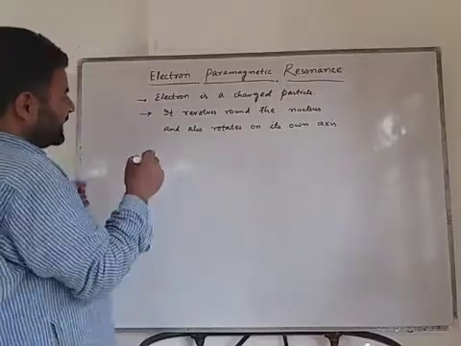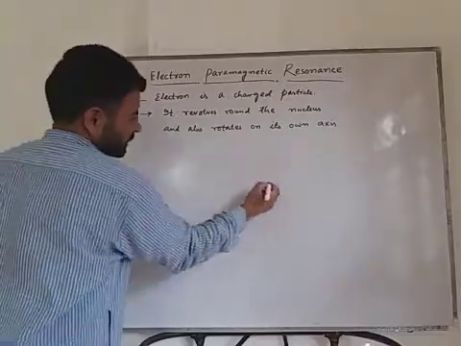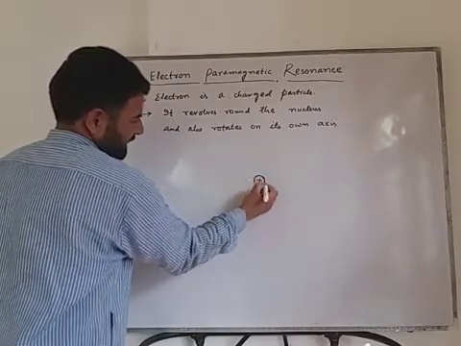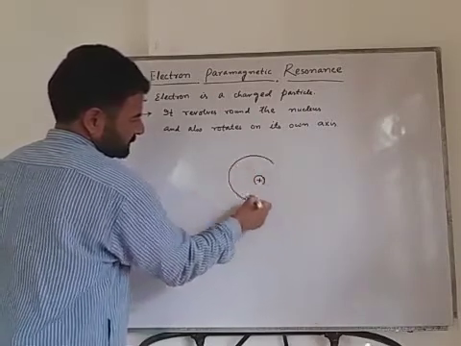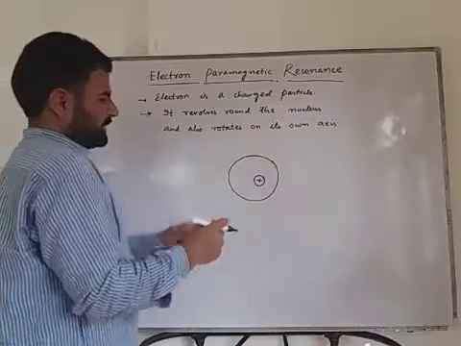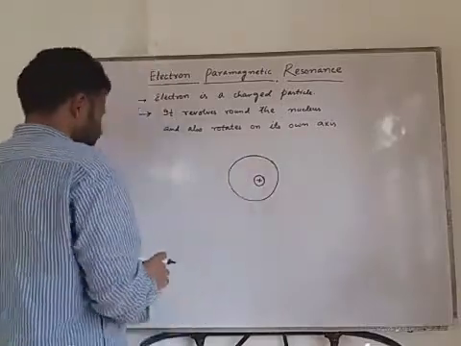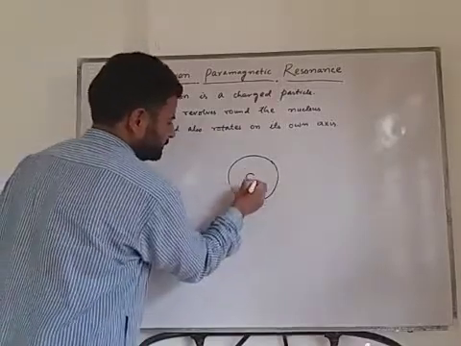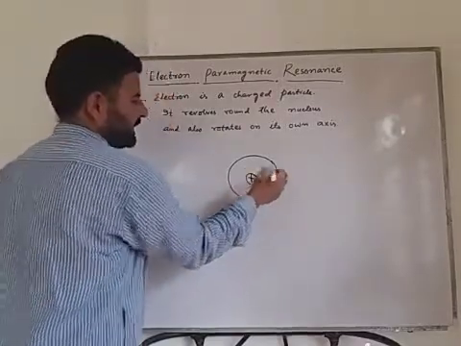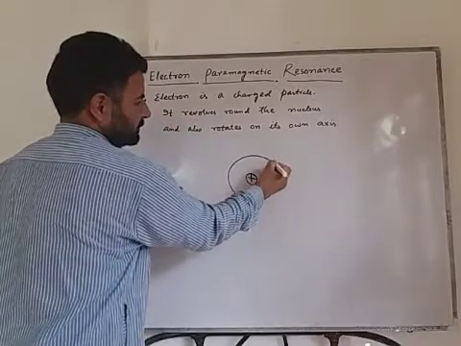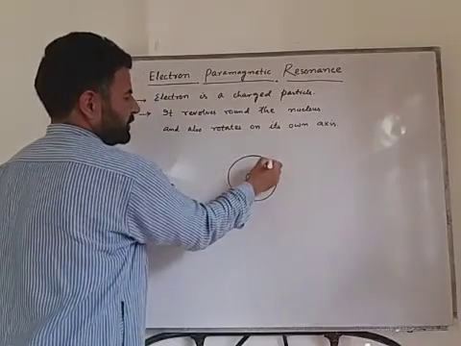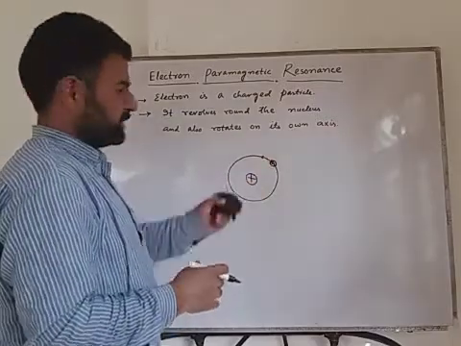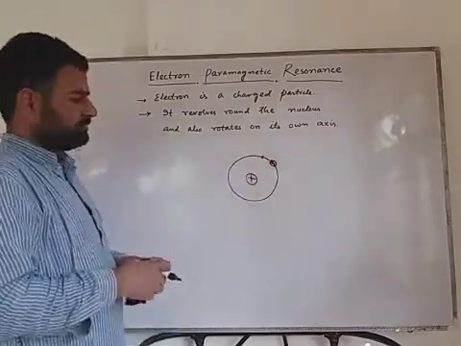So we can show this like this. It is a nucleus in the center of an atom, and the electron revolves around this nucleus in anti-clockwise direction or in clockwise direction.